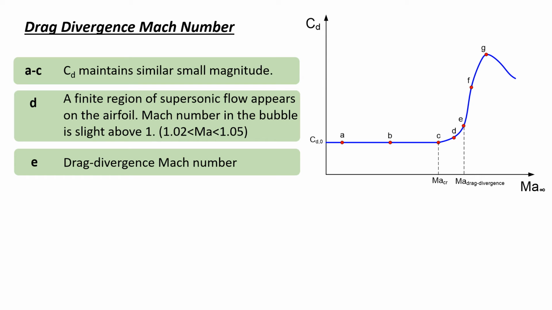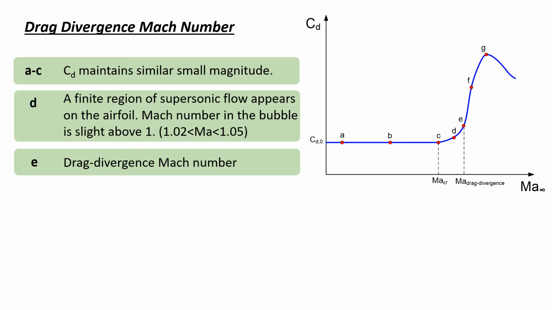And now if we move to point E, which is the drag divergence Mach number, you can see why it's called divergence. Perhaps we've done computational fluid dynamics, CFD analysis. One important criterion is that we expect the convergence of the residue in CFD.